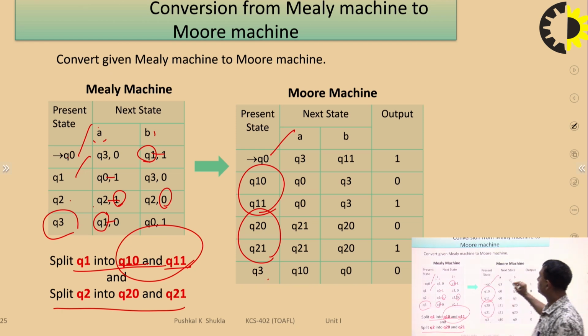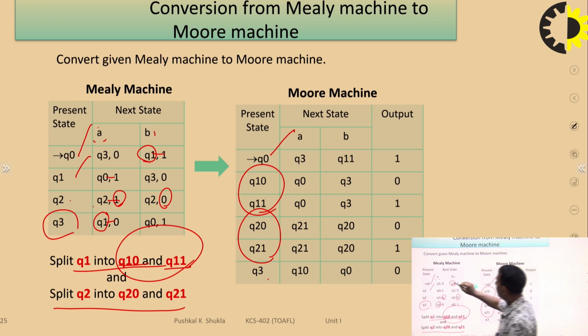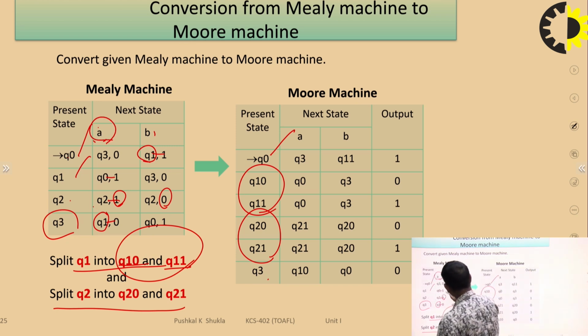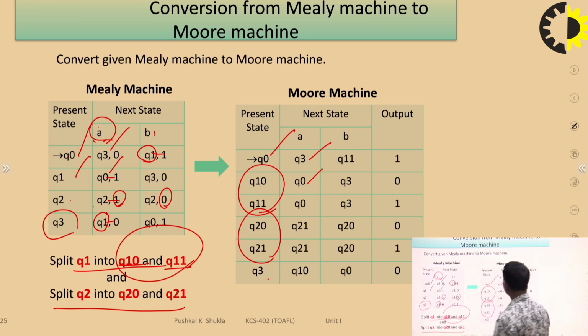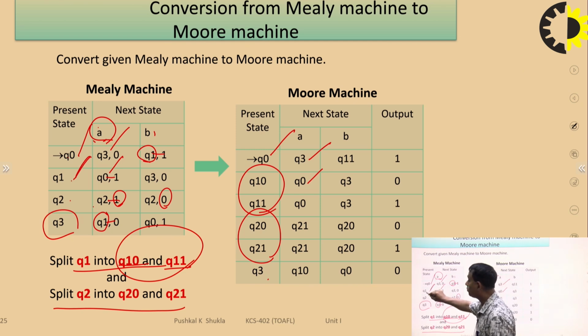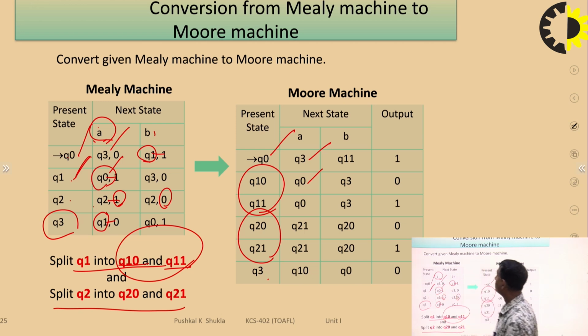We write the next state, that is on taking input A, the state is Q3, Q1, that is Q0, so write here Q0. Again Q1 is divided into the two parts, Q1 0 and Q1 1, and corresponding to this, the next state is Q0.